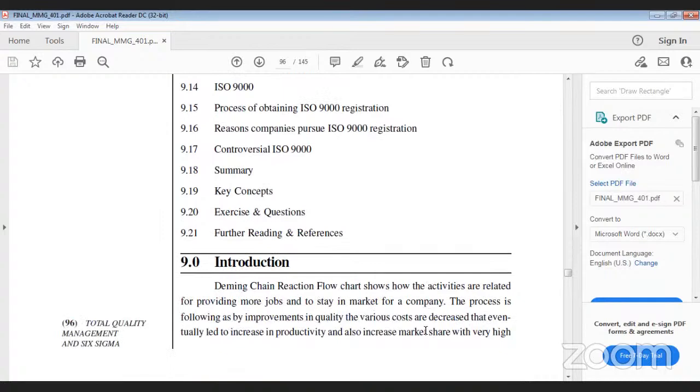Work actually led to the increase in productivity, and that also increases the marketing, with very high standards of quality at lower prices. If this process is followed, then a firm can stay in the market for a very long time. So it will create more jobs and a greater economy also.